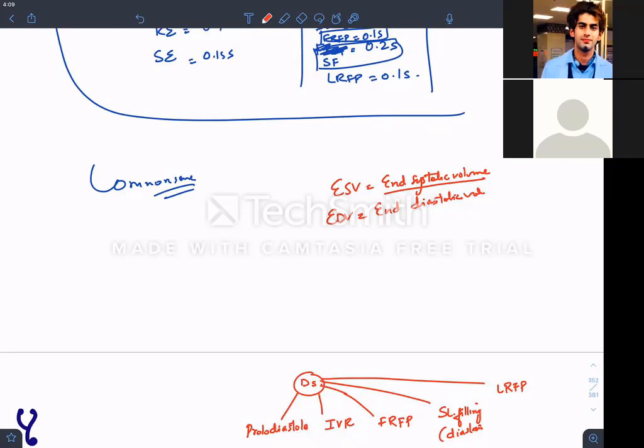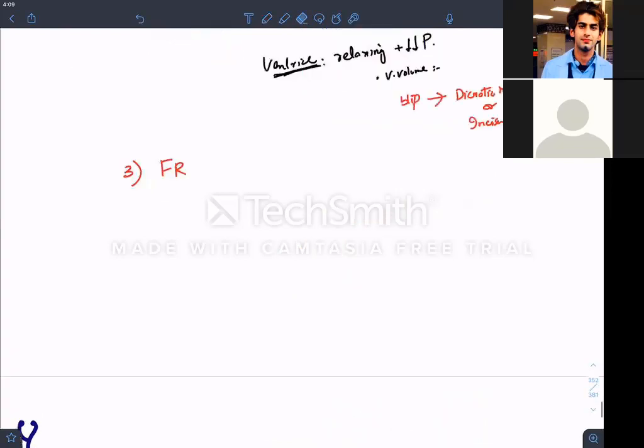The pressure which is generated at the end of systole will be called end systolic pressure, and the pressure remaining at the end of diastole will be called end diastolic pressure. We can write ESP, EDP. Are we clear with these two terminologies? Okay, now this is done.